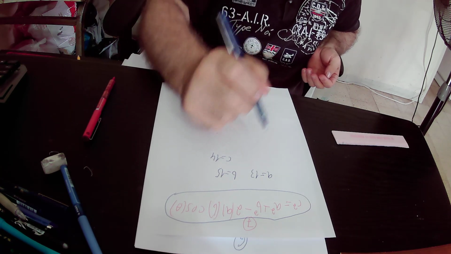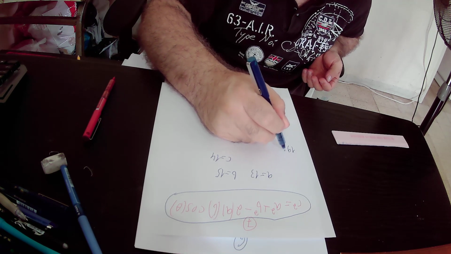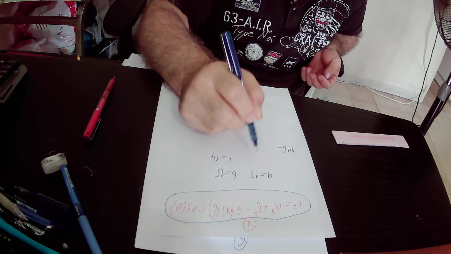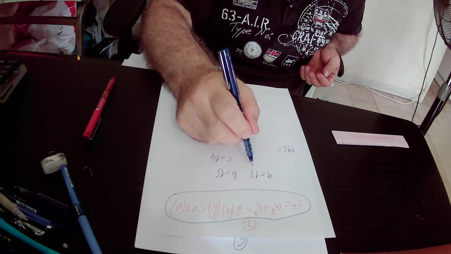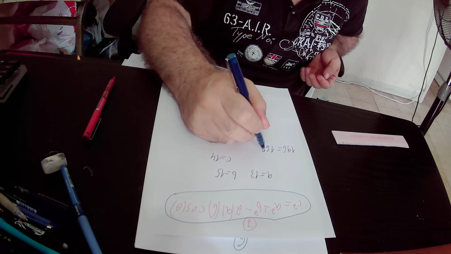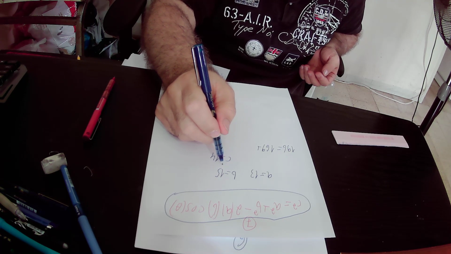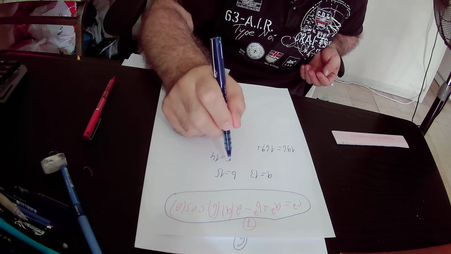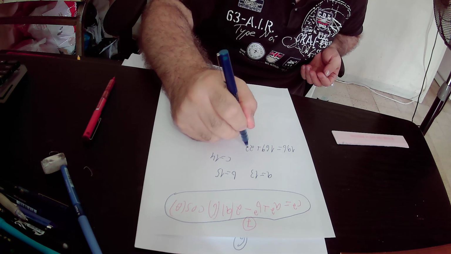C square is 14 squared, and 14 squared is 196. Equals A square. A equals 13, and 13 squared is 169, plus B square. B equals 15 units, therefore B square is 15 squared, which is 225.